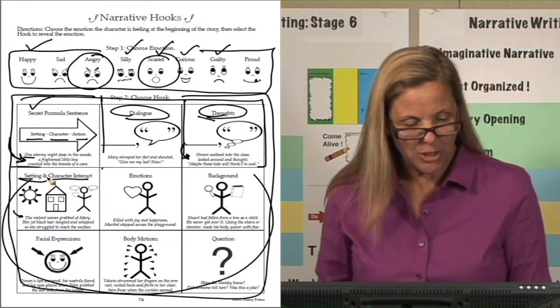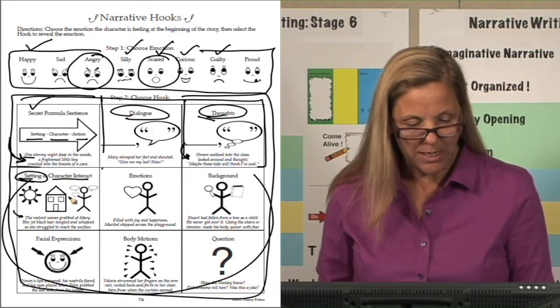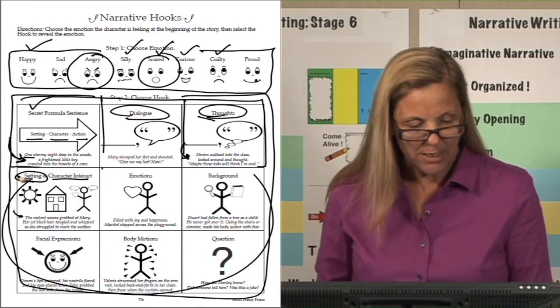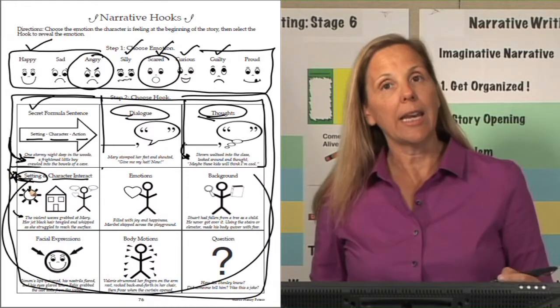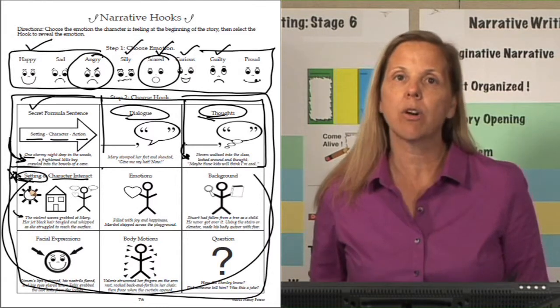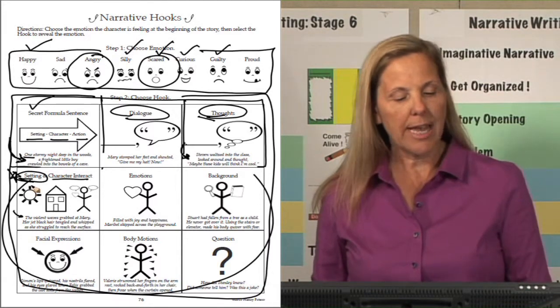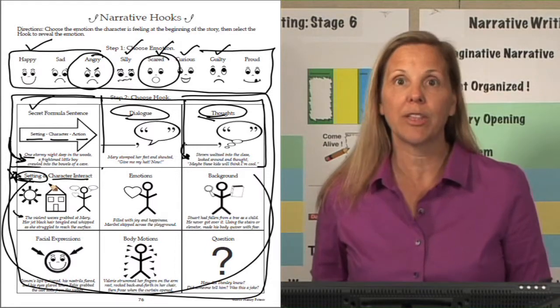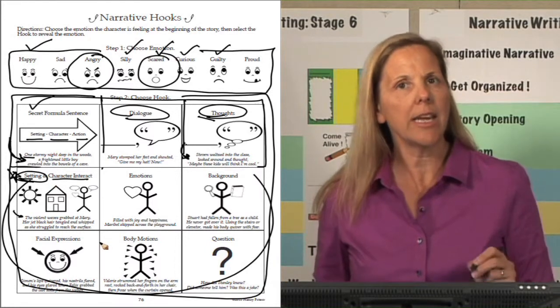The reason why we chose this hook was not just because Mary was terrified, but the setting was causing that terror. If your setting is critical to what's going on in the story, you may want to start your hook off with that setting and the character interacting with it to reveal how that setting is crucial to the story.